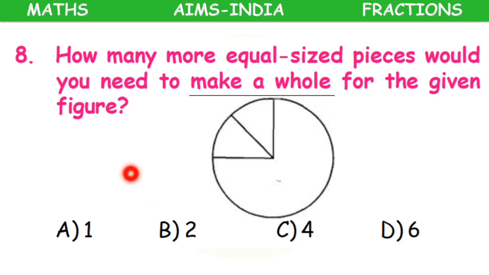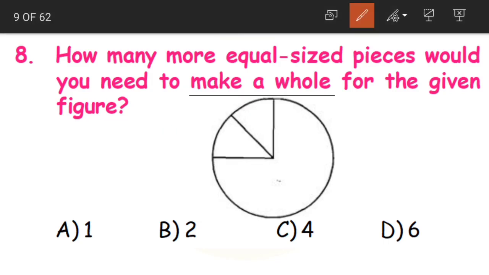Question number 8. How many more equal sized pieces would you need to make a whole for the given figure? Yes, children, if you look at the circle given here, we are having only 2 pieces. Now we should find out how many more would we need to make a whole.